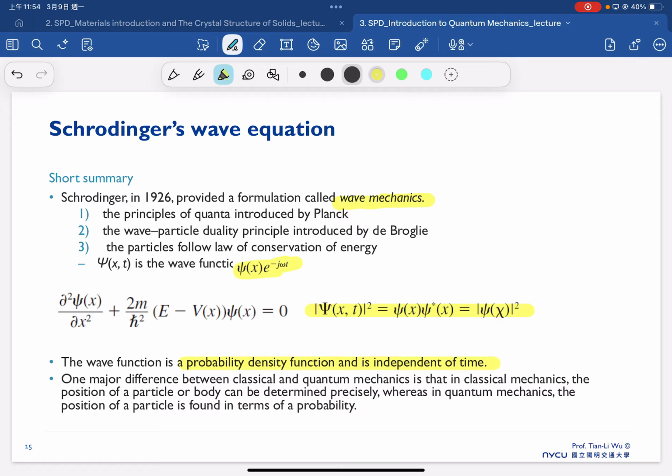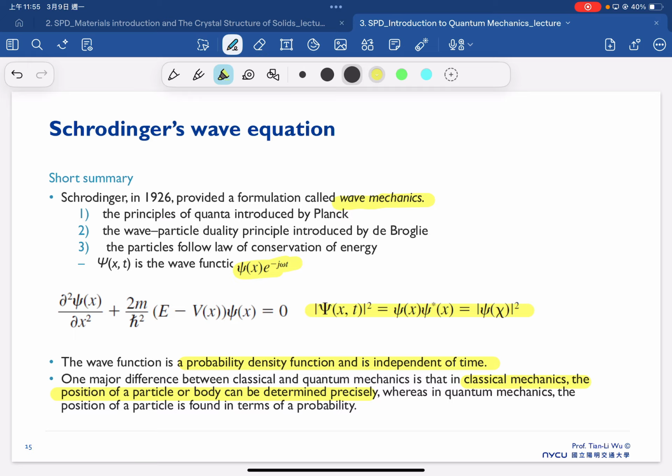So these results lead to the major difference between the classical and quantum mechanics, because in classical mechanics, we can determine the position of a particle or body precisely. So in classical physics, in Newton physics, we are able to estimate everyone's position very precisely.